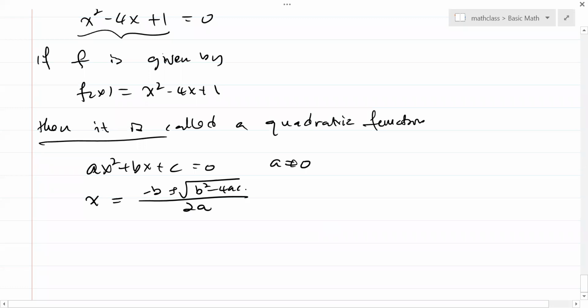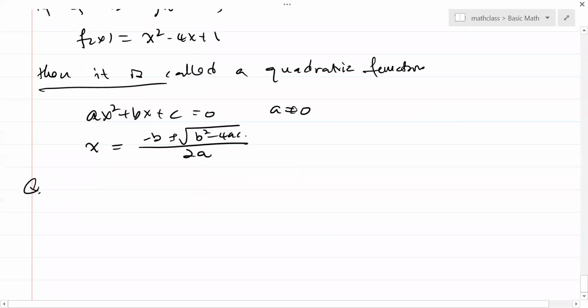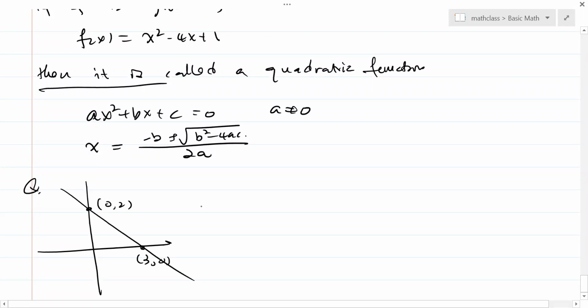So let me ask you to look at this problem. Here's a question. So we go back to linear equations. We are given the picture here. This is the point 3 and 0. This line passes through these 2 points.